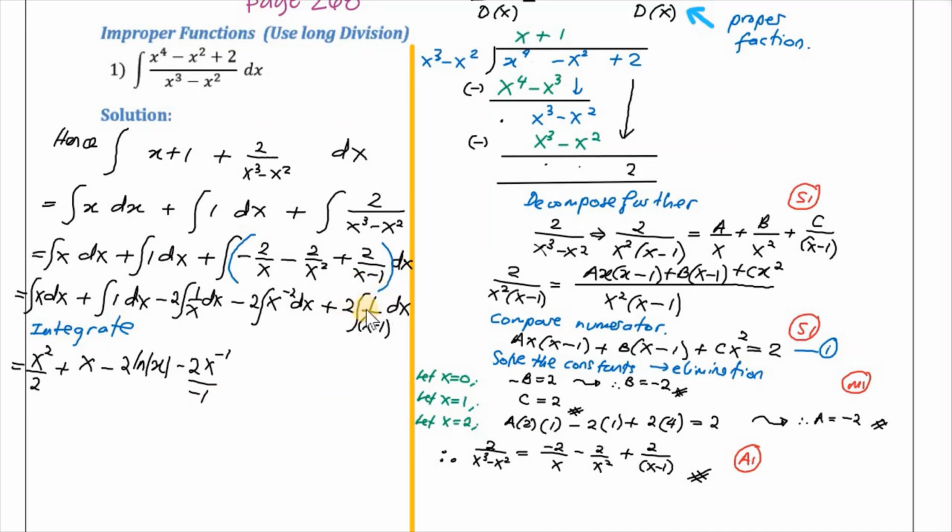Okay, but yet for this portion, we need to use simple u substitution, right? Let u be x minus 1, du dx is 1, so du is dx. So this portion, you have to show that you are doing the u substitution.